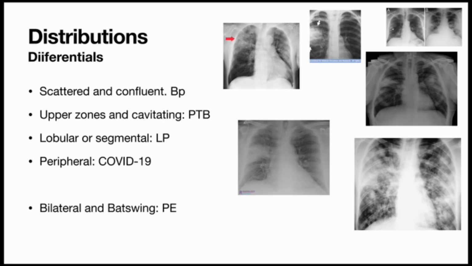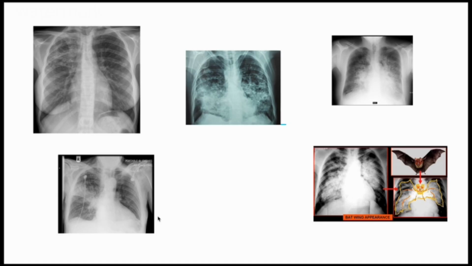If they are scattered all over the place, then we say this is bronchopneumonia. But if they are affecting a lobe, then we say this is most likely a lobar pneumonia. But in the bat wing appearance, then we say this is most likely going to be probably a pulmonary edema. Again, these are some of the examples of what we were looking at.